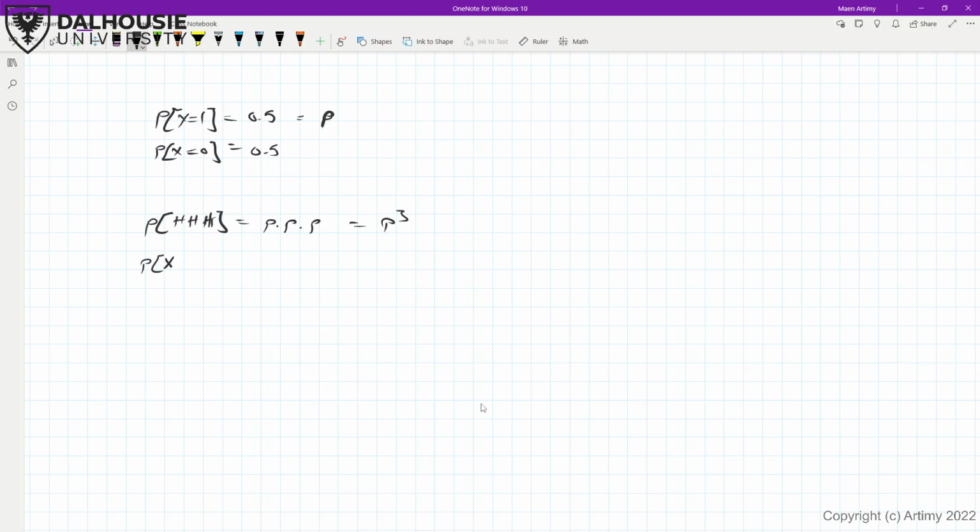In that case, I don't want to use the wrong notation here, so let's ignore the left side for a second. 2 heads and 1 tail could be a result of head first, head second, and then tail third, or tail, then head, then head, or head, then tail, then a head again.